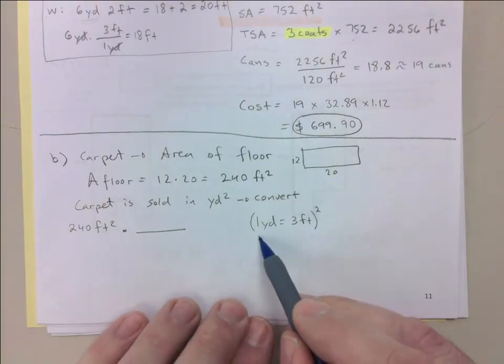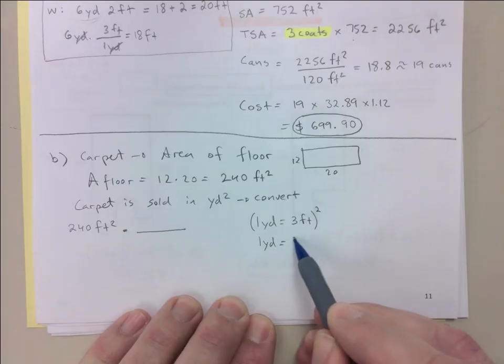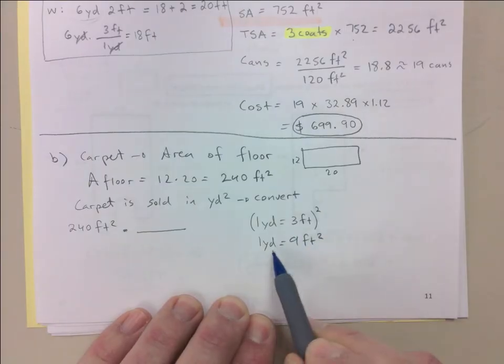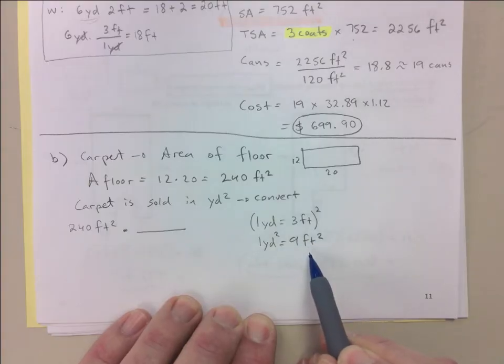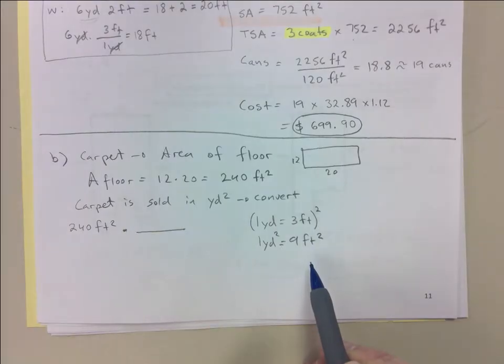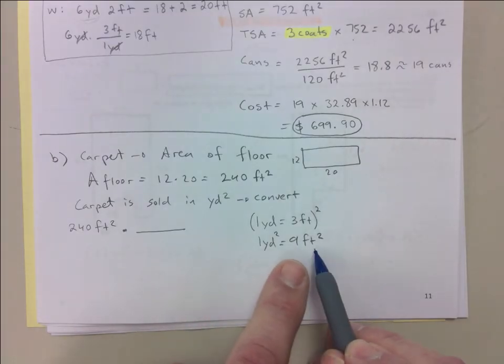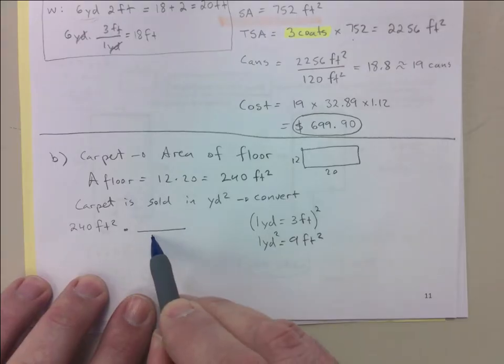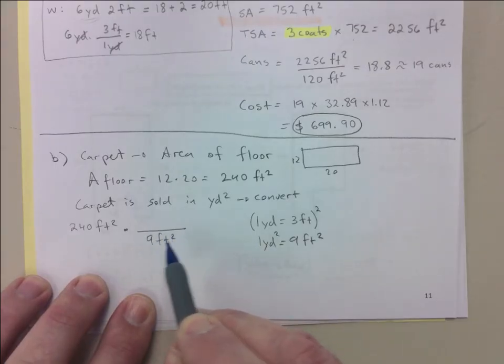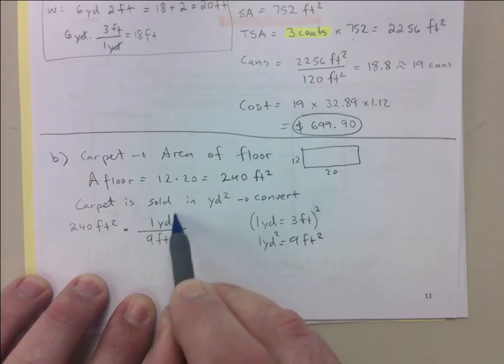You can actually just, on your study sheet, tell yourself that 1 squared yard has 9 square feet. You just add that to your study sheet, and then you don't have to worry about doing this step here that I just did. But 1 squared yard has 9 square feet. So we go 9 square feet down here, and 1 squared yard up here.